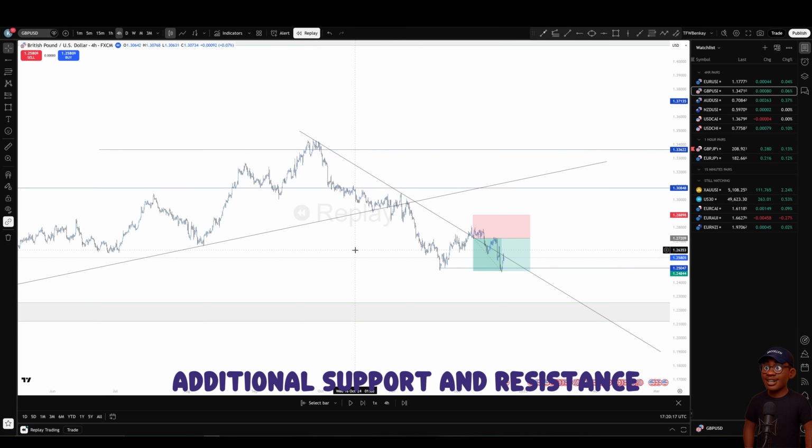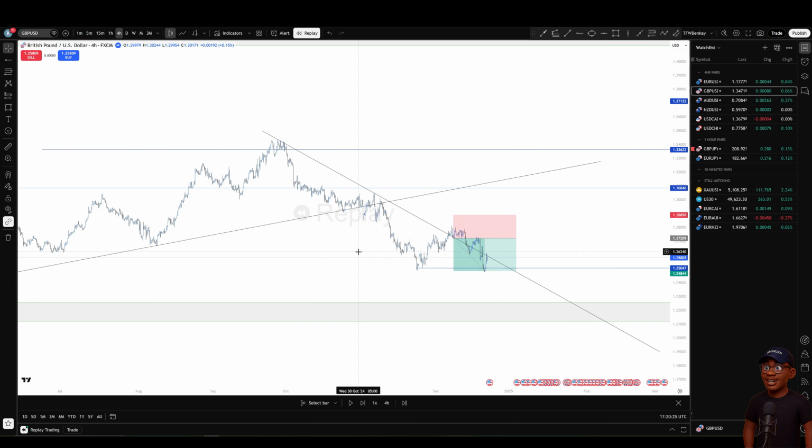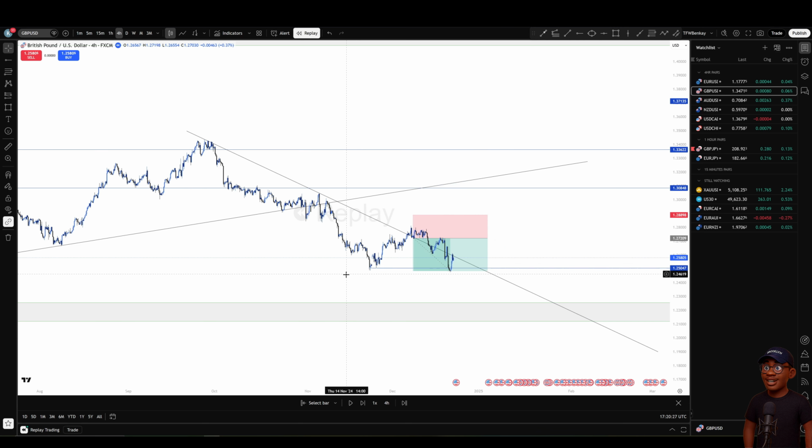We draw additional support and resistance levels on the weekly time frame, which is not very visible or very clear on the monthly time frame. And on the daily time frame, we try and identify our immediate trend, whether we are in an uptrend, a sideways trend, or a downtrend. And we use the 4-hour, the 1 hour, 15 minutes, 5 minutes, or the 1 minute time frame to actually enter into the market.